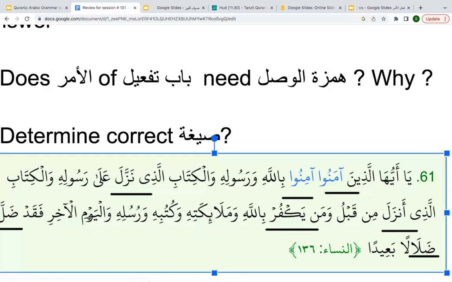Okay, so again, if I ask you why is al-yawmi, what is making yawmi jar? Can anyone tell me? At, right? And whoever disbelieves in Allah and His angels and His books and His messengers and the last day, then he has indeed strayed far into misguidance. So because of at, al-yawmi is jar, you are going to say because of waw at, I see all those jar statuses.